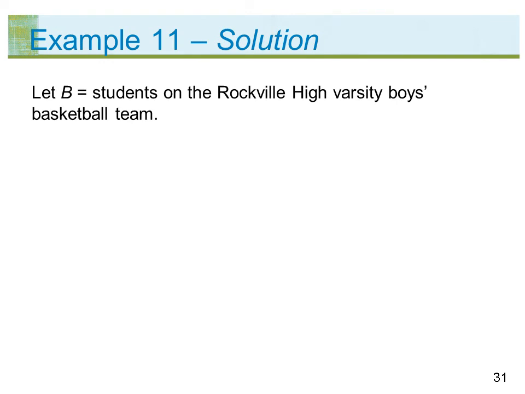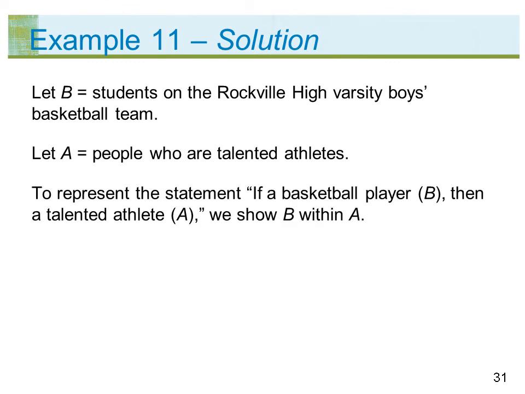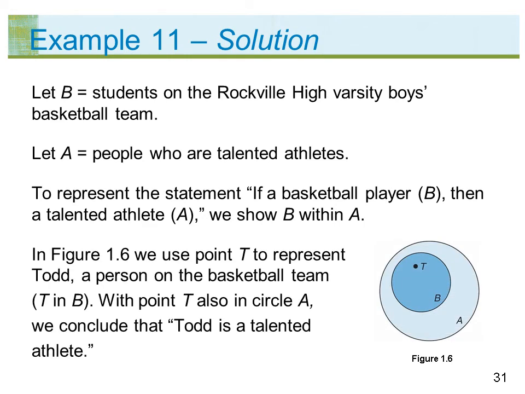Let B equal the students on the Rockville High School varsity boys basketball team. Let A equal people who are talented athletes. To represent the statement if a basketball player, B, then a talented athlete, A, we show B within A. In Figure 1.6, we use point T to represent Todd, a person on the basketball team, T in B. With point T also in circle A, we conclude that Todd is a talented athlete.